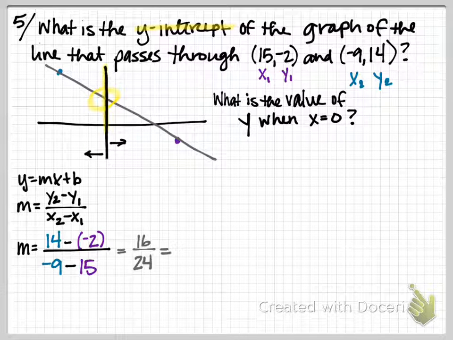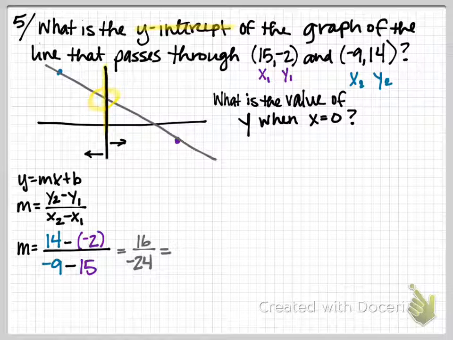So when I fill in the y2, y1, x2, x1, I get 14 minus a -2 over -9 minus 15. If you check those on your calculator, 14 minus -2 gives me 16 in the top. In the bottom, -9 minus 15 is -24.